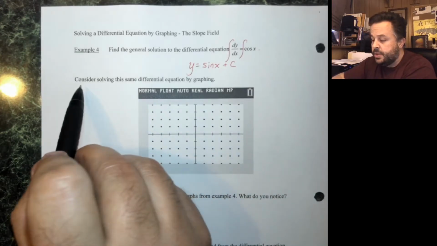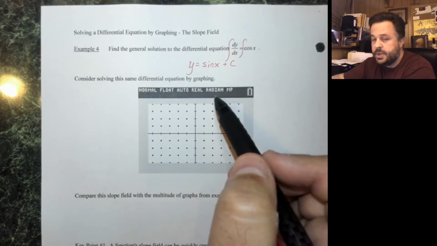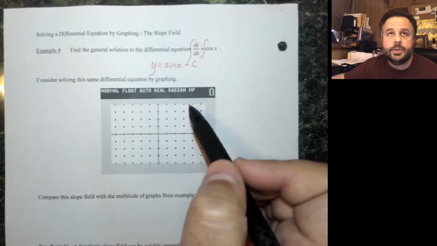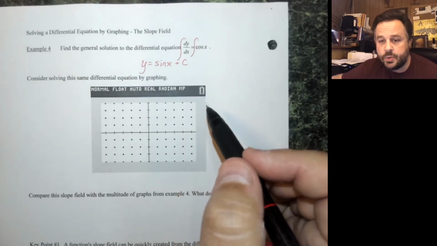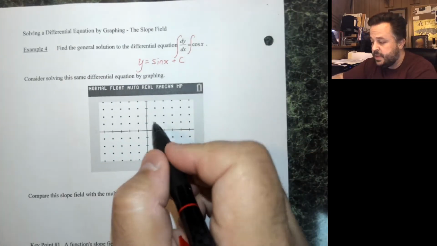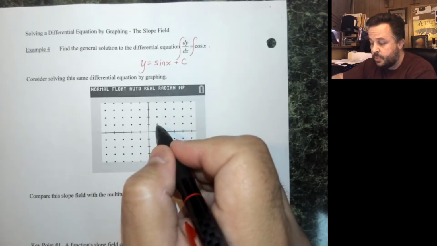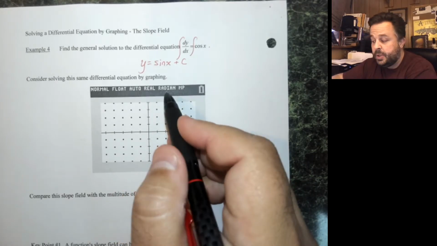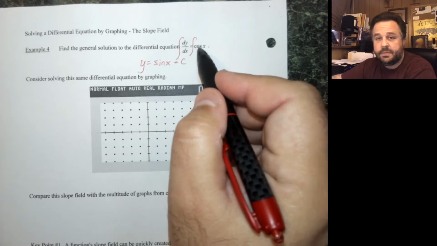So let's take a look, though. Consider solving the same differential equation by graphing. To do this, we're going to generate something called a slope field. That is, I'm going to take a particular point, such as the point (1, 1), and plug (1, 1) into my differential equation.